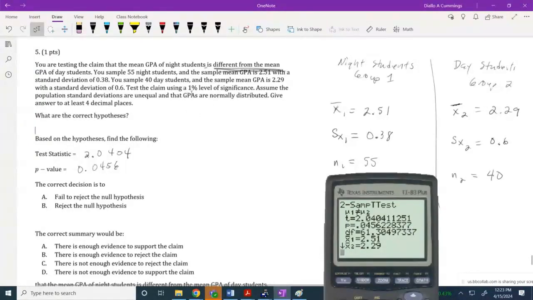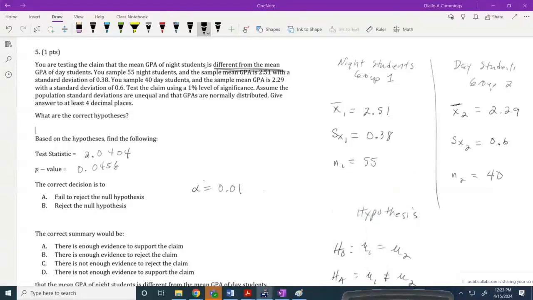On the problems before, they gave us the significance level as a decimal. So like 1%, let me write that as alpha. If I were to change 1% to a decimal, I would drop the percent and move the decimal 2 places to the left. So that's actually 0.01.